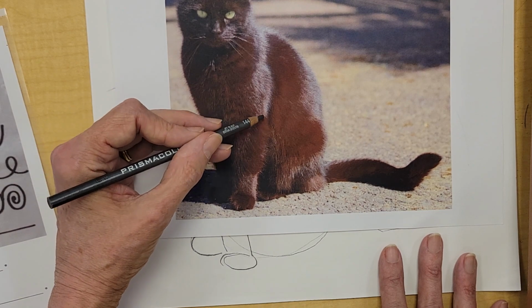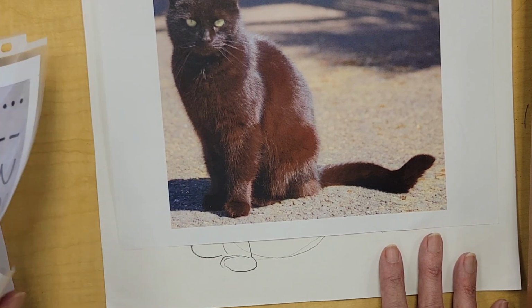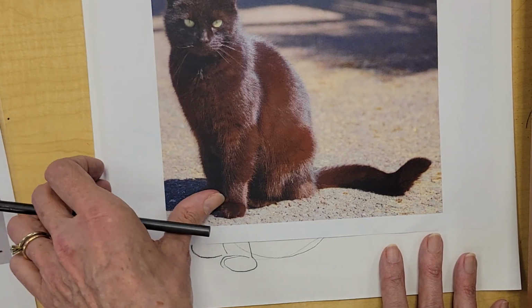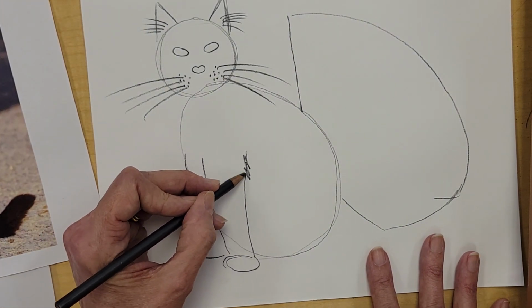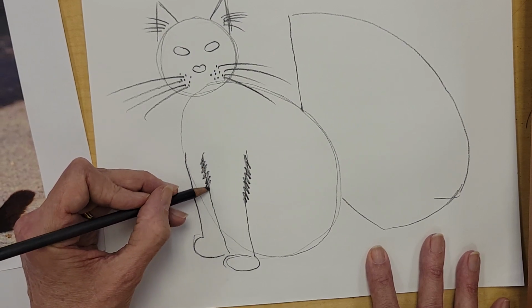When I look at a cat's fur, it almost looks like tiny little zigzags. So I could come back and think about how I want to use all those different textures to create my cat.